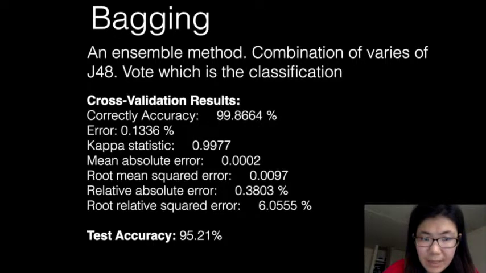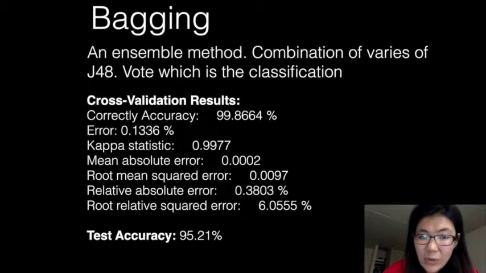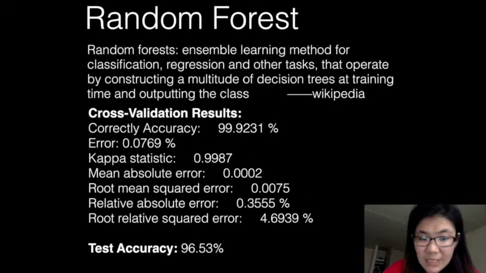J48 can cause overfitting, and its probability of doing so is much bigger than bagging's because bagging uses the vote method, which is very likely to avoid overfitting. So although the cross-validation may tie, the test accuracy improves significantly.